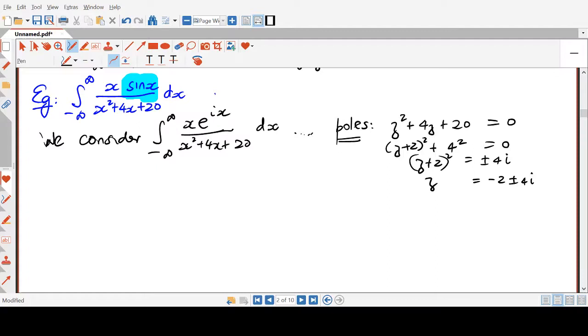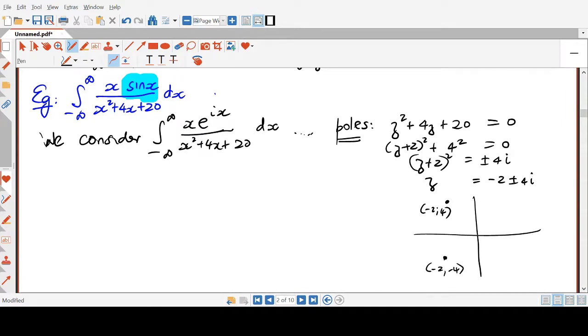So there are two roots. Obviously, it's a quadratic. You plot these two roots, and you check which one lies in the upper half plane. That's the one that's in the game. The other one is not. So the two points are minus 2 plus 4i, which will be somewhere here, and the other one will be minus 2 minus 4i, somewhere here.